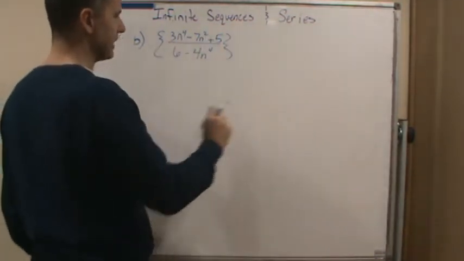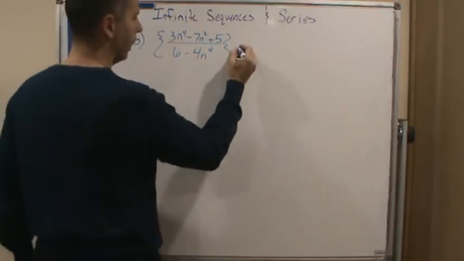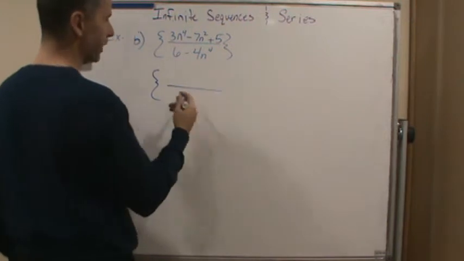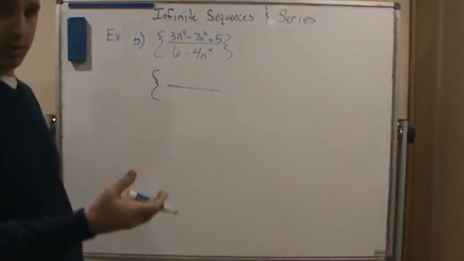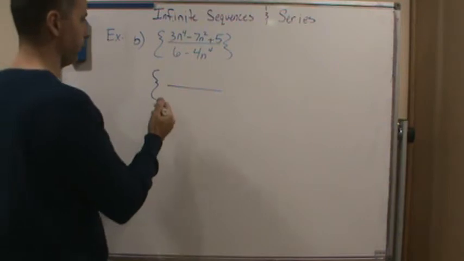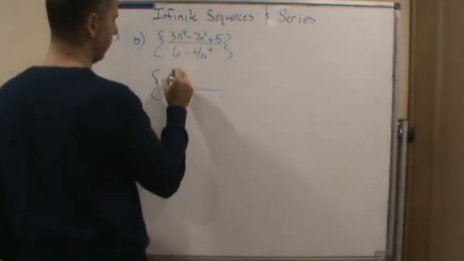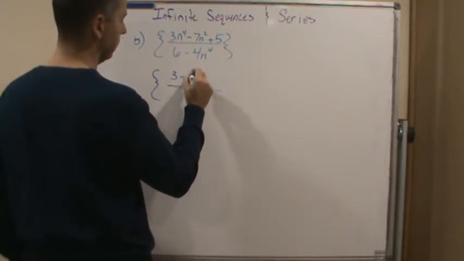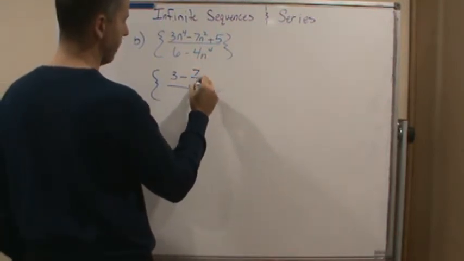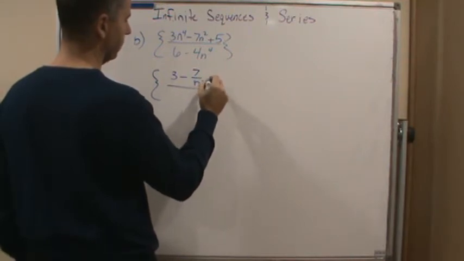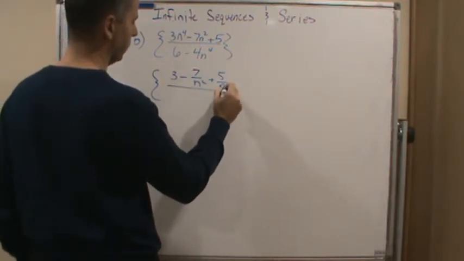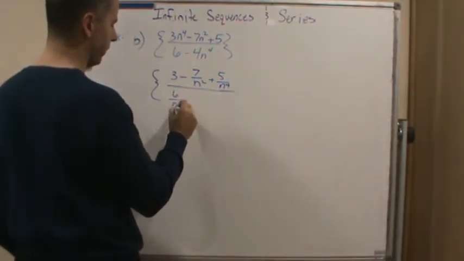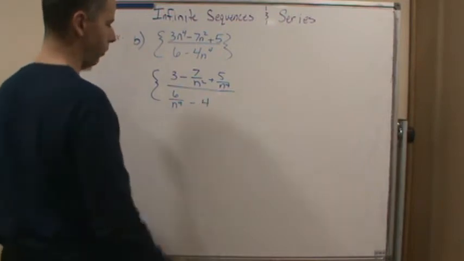But with all that set aside, let's rewrite this by factoring out n to the 4th, or in other words, dividing the top and the bottom by n to the 4th. And so we get 3 minus 7 over n squared plus 5 over n to the 4th, over 6 over n to the 4th minus 4.